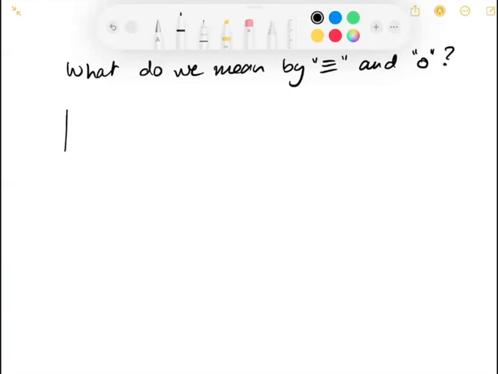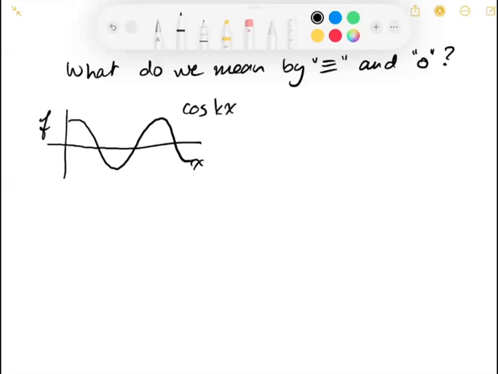So let's say we have some kind of a function, and this is x, and let's say this function is some kind of a cosine of kx. And we have another function, g, which is actually just 0 everywhere. So this one is a cosine wave, and the other one is always 0.